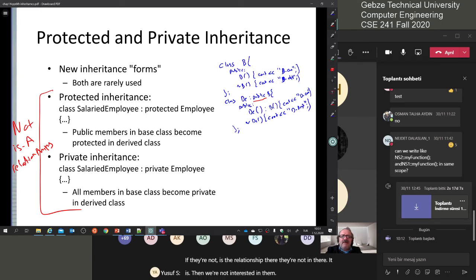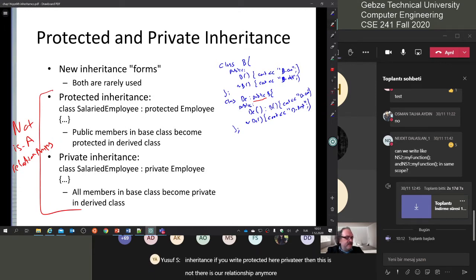Okay, we are not interested in them. Question: why do we say that protected inheritance is not an is-a relationship? That's what I said, right? If you write protected here or private here, then this is not an is-a relationship anymore.